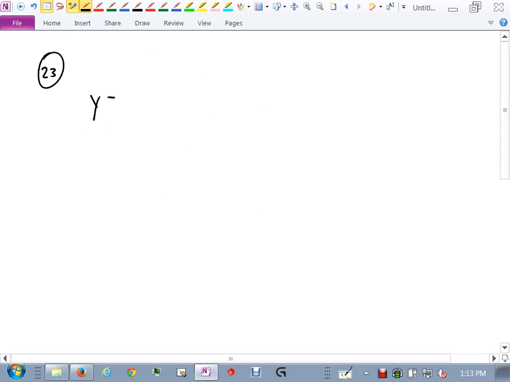Y is equal to t sine t over 1 plus t. Now, we can't split this one up like the last one because you have 2 terms in the denominator, so it won't work out as nice.